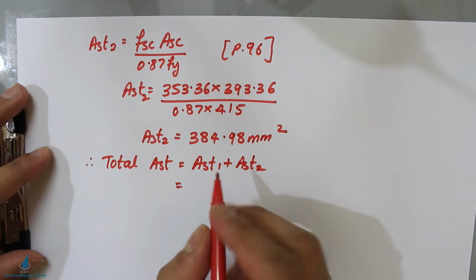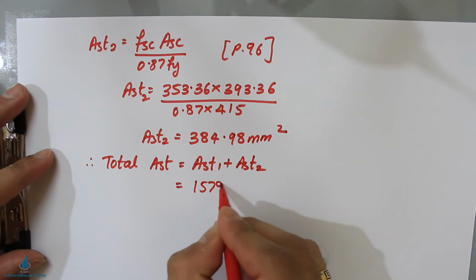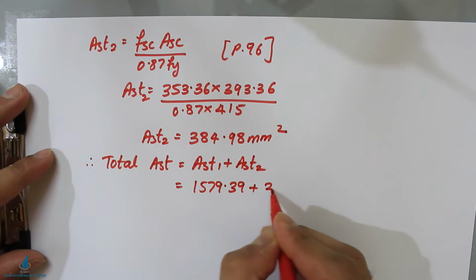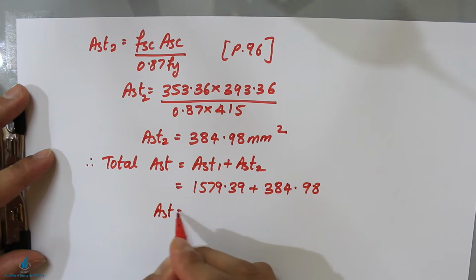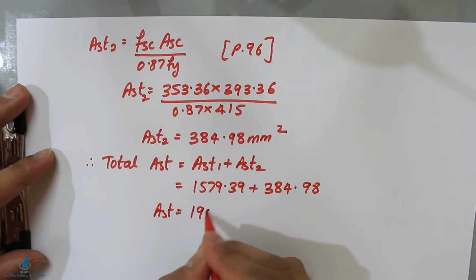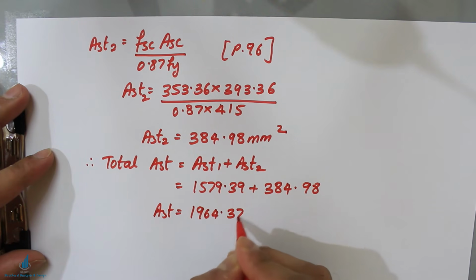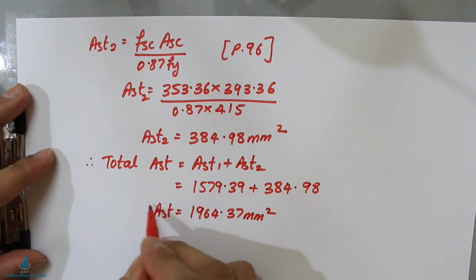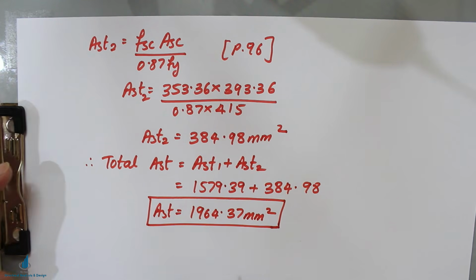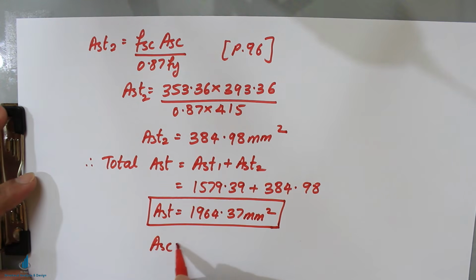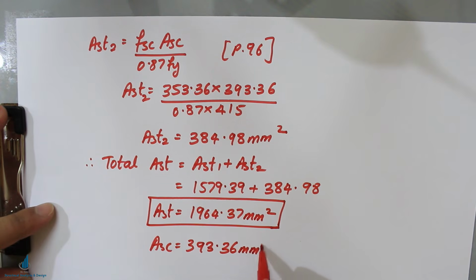Ast1 was 1579.39 plus 384.98. So Ast is 1964.37 mm square. So this is your Ast, and Asc you have calculated 393.36 mm square.